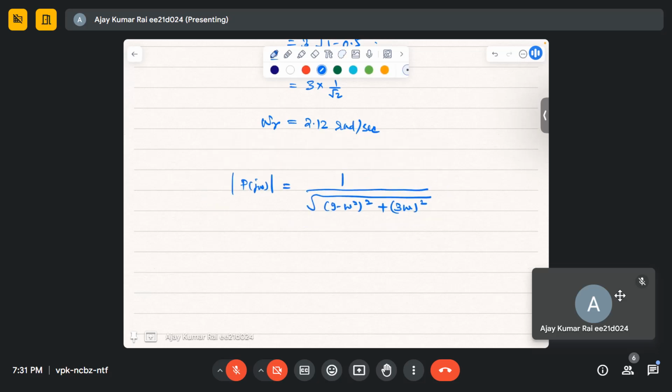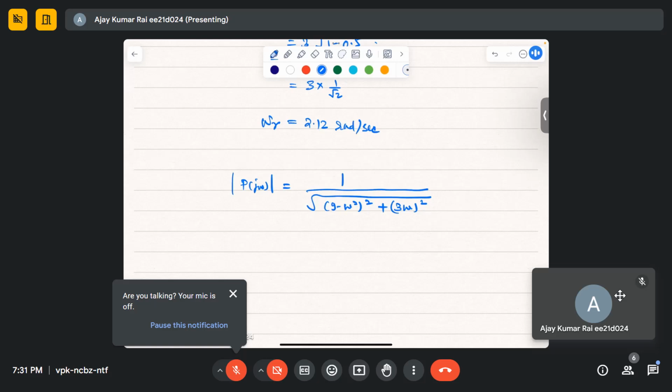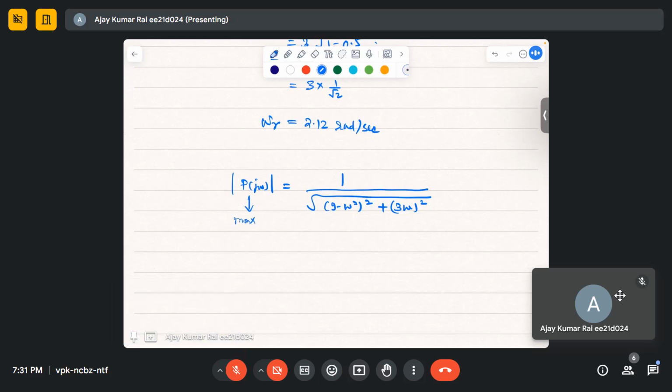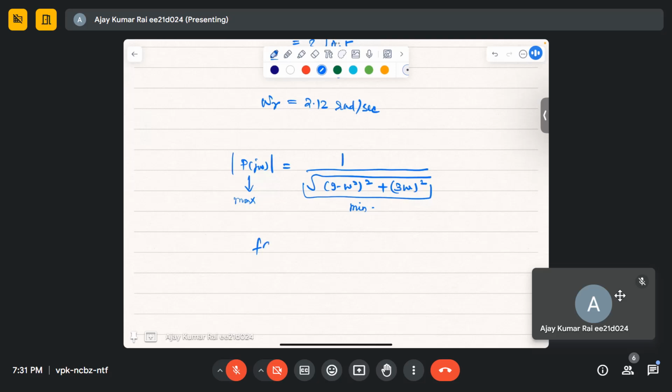What we used to do is at the resonant frequency, this is maximum, right? That means the denominator term should be minimum. Let me call this f of j omega. This term should be minimum.